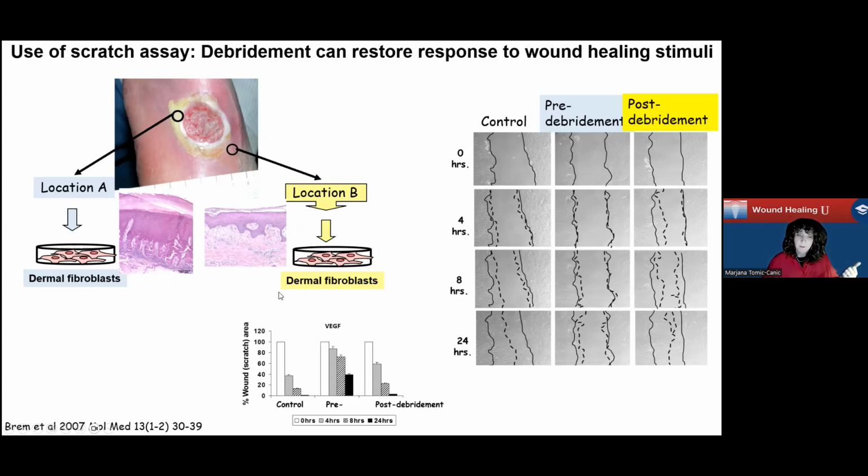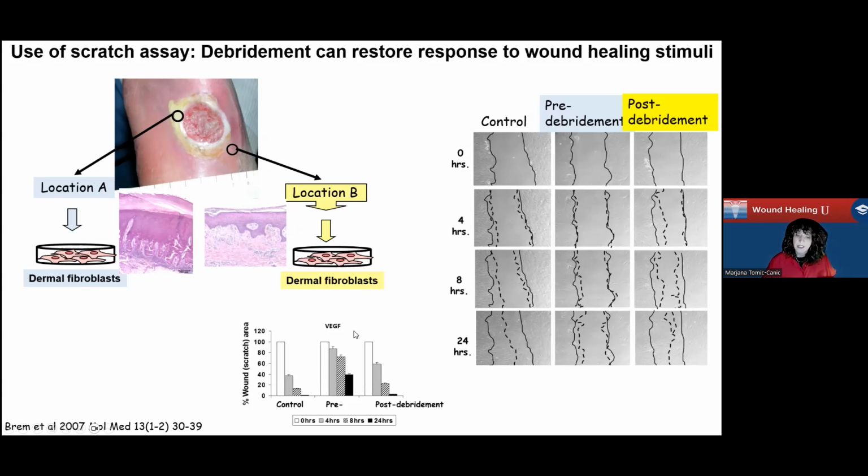We generated primary cells, again, from 2 different wound locations and tested if they are migrating. And to no surprise, the cells that were collected from the wound sample pre-debridement from the chronic wound did not migrate properly, where the cells isolated from post-debridement actually migrated very similar to controls.